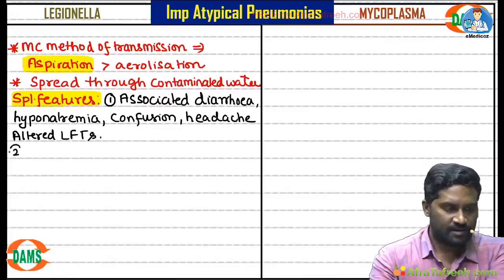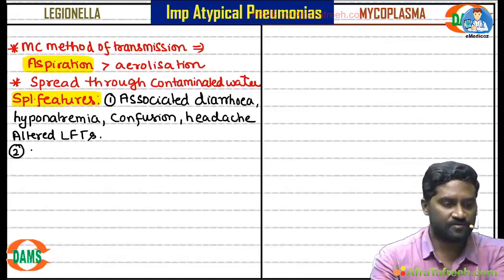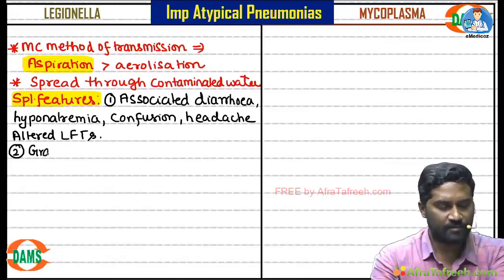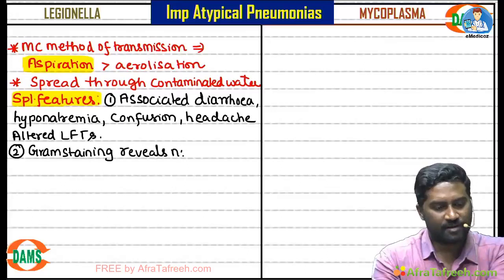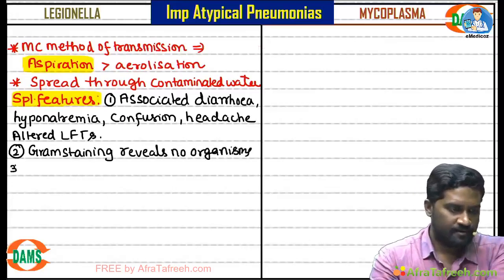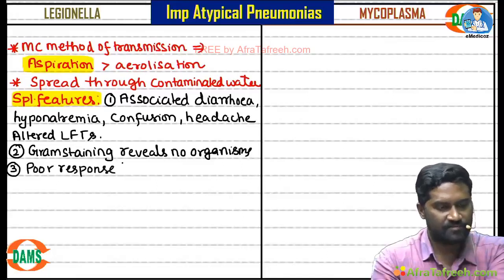This is an atypical pneumonia. If you collect the secretions and see under the microscope, you cannot identify the organism. Gram staining reveals no organisms. Then, for some unknown reason, there is poor response to beta lactams.